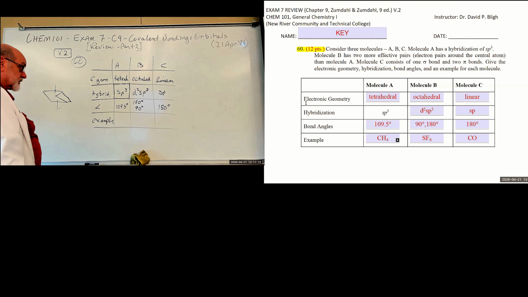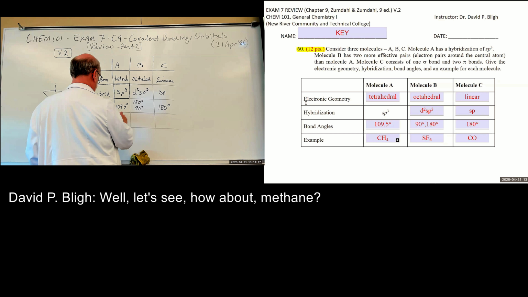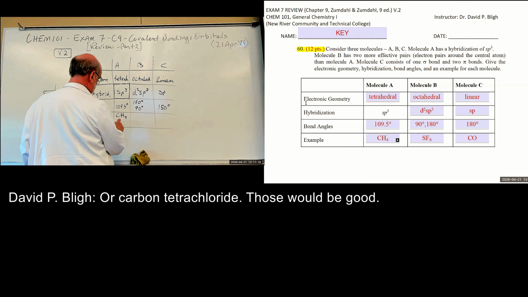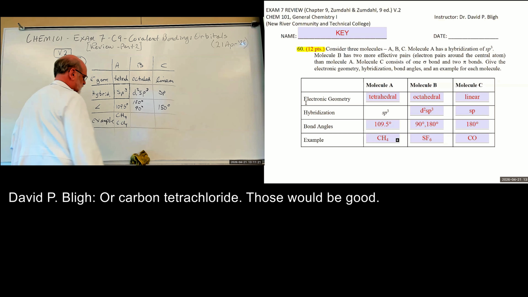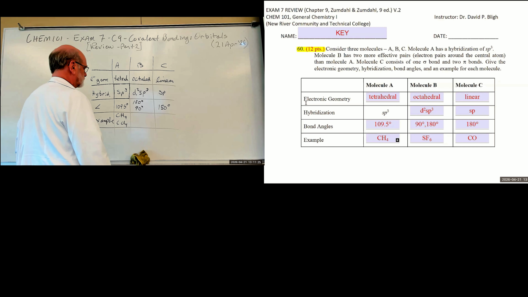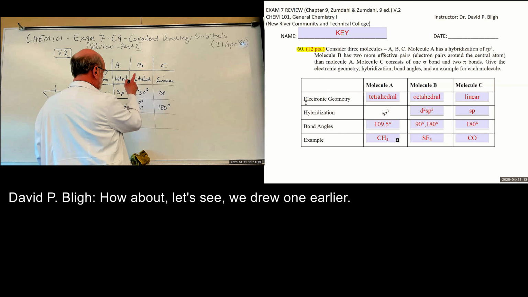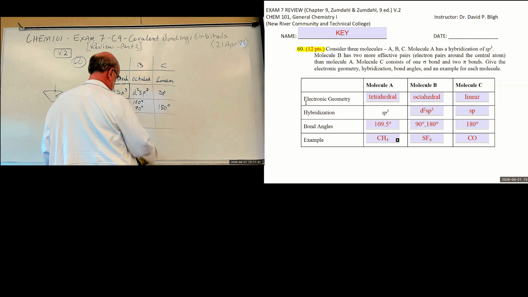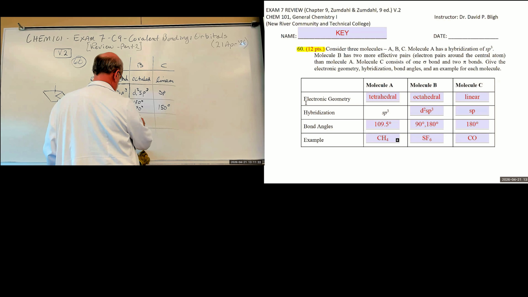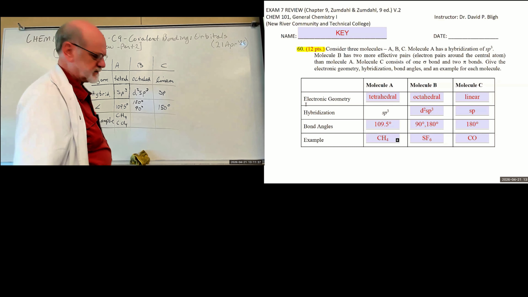All right, examples. How about methane or carbon tetrachloride? Those would be good. Octahedral. How about, let's see, we drew one earlier. Let me go back. No, I'm not going to go back.